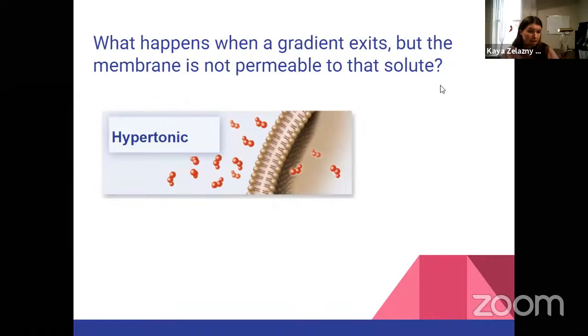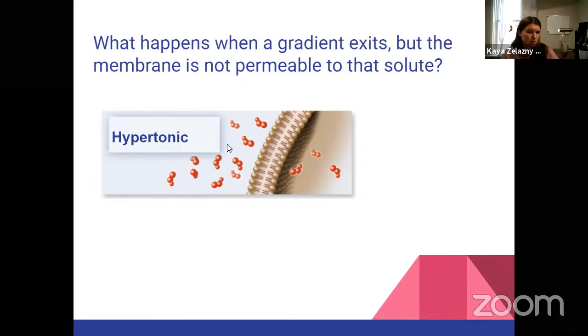A special case for passive transport is going to happen when we have a gradient, so we have a difference in concentration outside and inside the cell. So in this case, we see a hypertonic solution. So we would identify that there's a lot of this solute outside the cell and only a little inside the cell.